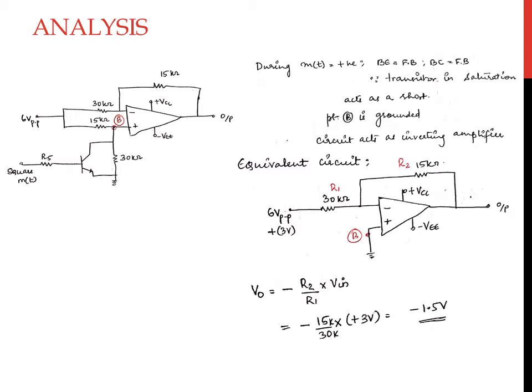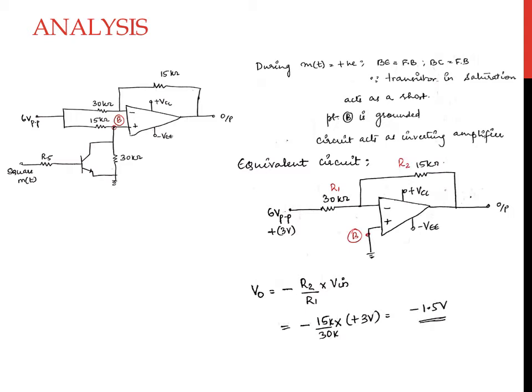The input to the inverting amplifier circuit is a carrier signal which is 6 volts peak to peak, or the equivalent of plus or minus 3 volts. For our consideration, we have considered plus 3 volts in this case, so that we can show that the output voltage is inverted with respect to the carrier.